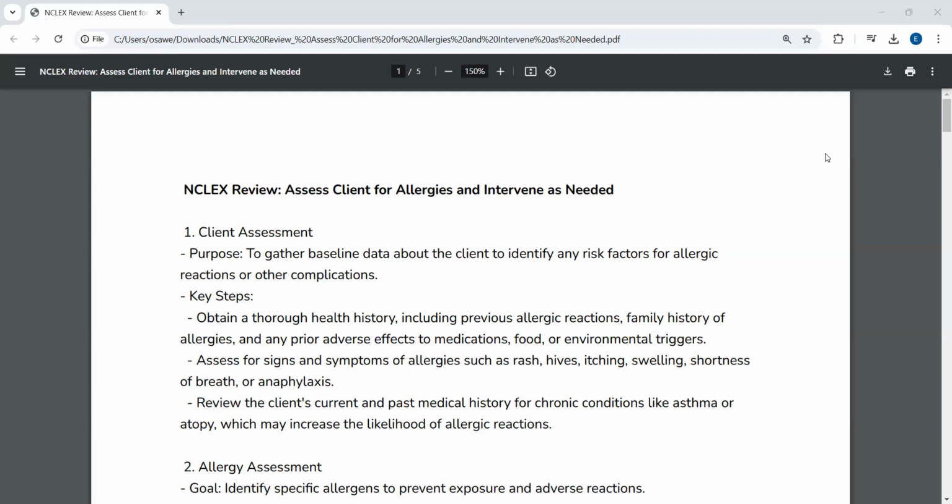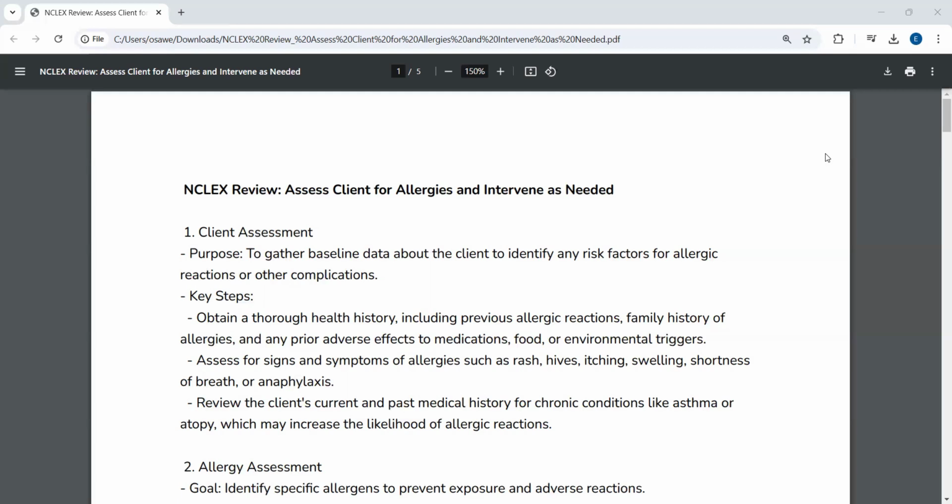You understand? So you need to obtain or look at the options to see any kind of health history that includes previous allergy reaction, family history of allergies, right? Any prior adverse effect to medication, food, environmental triggers.